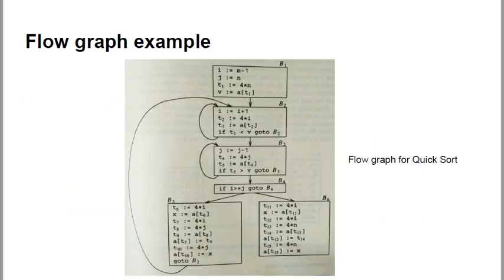In the last statement you have go to B2, so that is why this arrow is from B5 to B2. After basic block B4 comes another basic block B5 and another basic block B6.